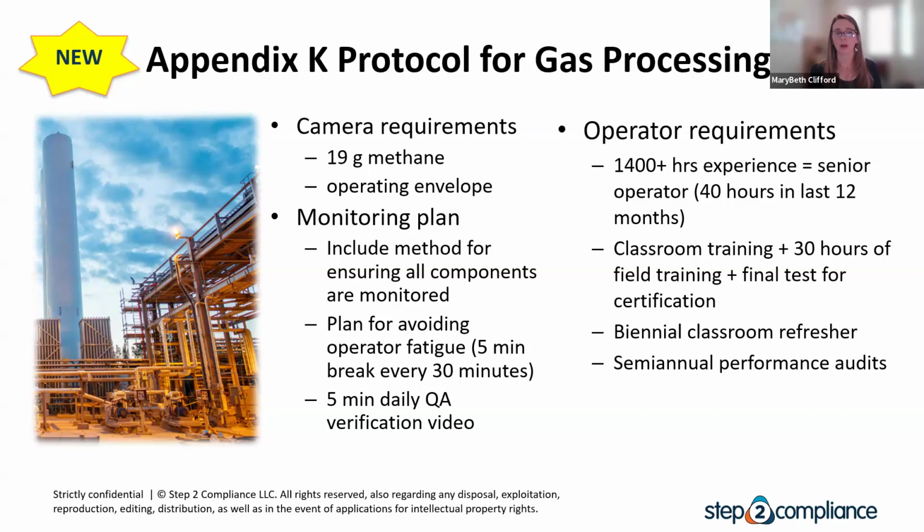And if you're following Quad OB, there's some verbiage in there that if you're doing a Quad OB OGI Appendix K level inspection, you can count that as fulfillment of your Quad OA. If you're under Quad OA, there is what's called the alternative work practice, which allows you to do OGI monitoring with that annual method 21 that you're referring to.